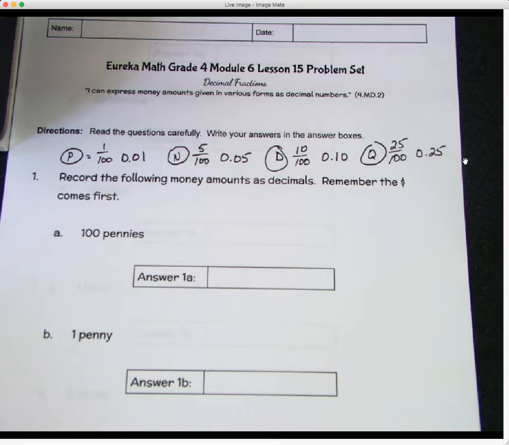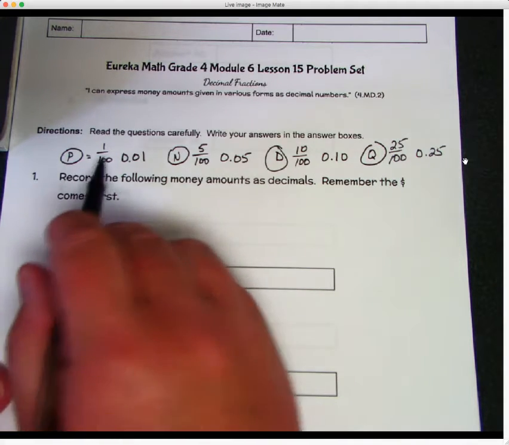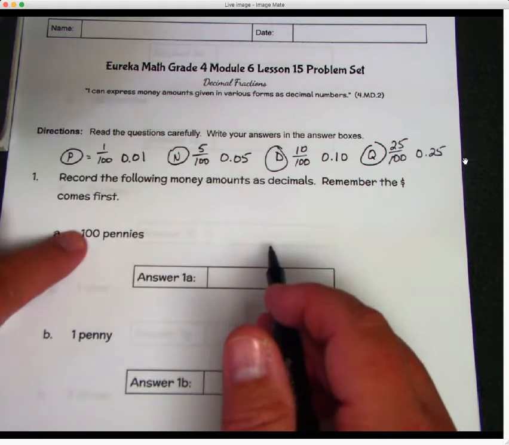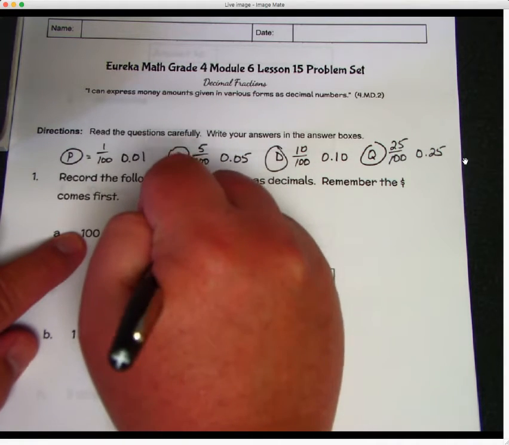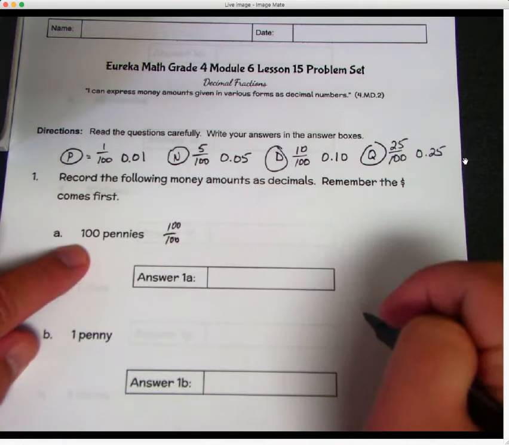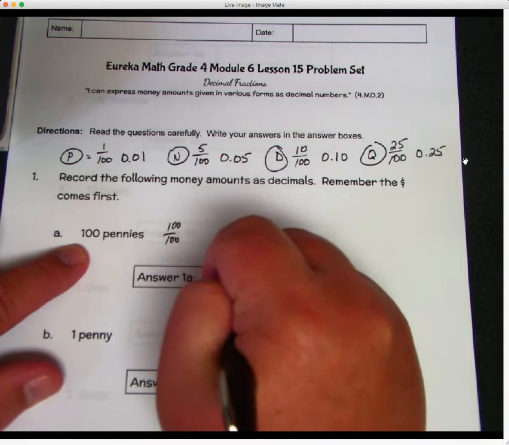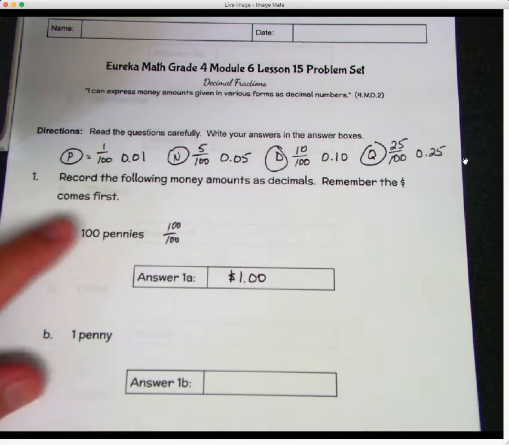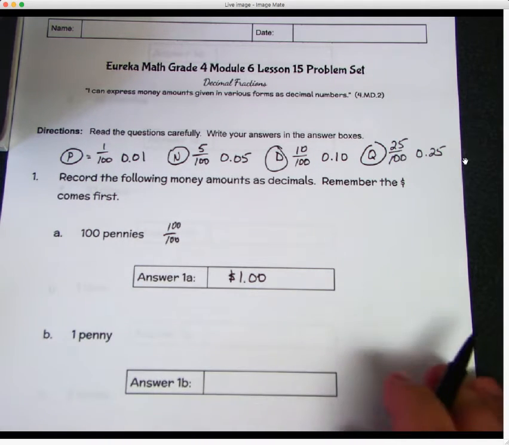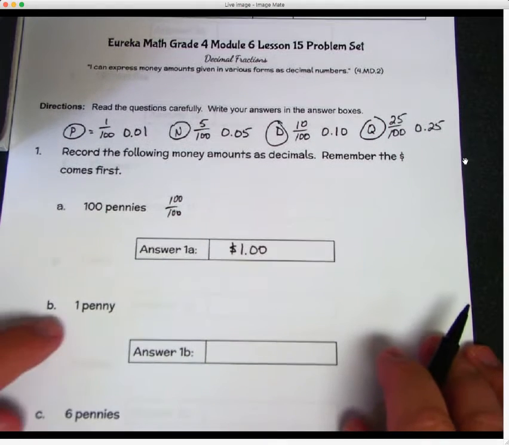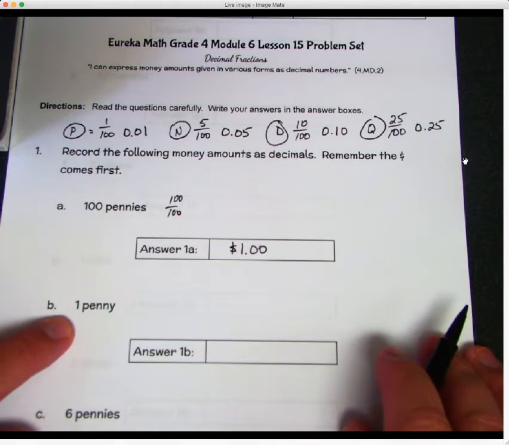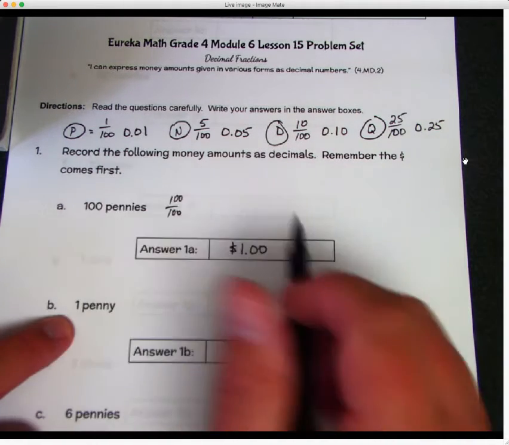So 100 pennies. That means, let's put this number over 100. Because 1 times 100 is 100/100ths. 100 pennies equals what? That equals $1 whole. So we're going to write it like this, $1. We're writing them as decimals. What's 1 penny worth as a decimal? We've already got that.